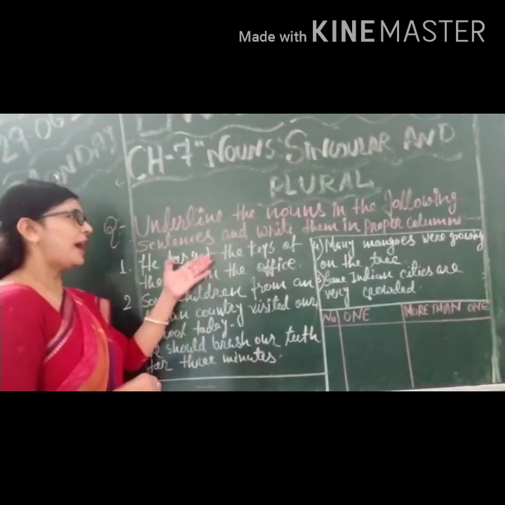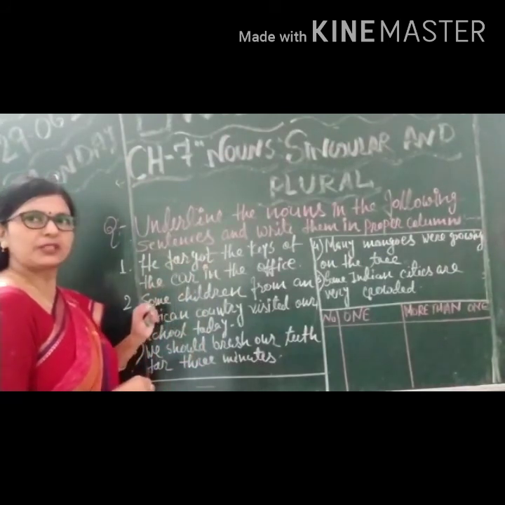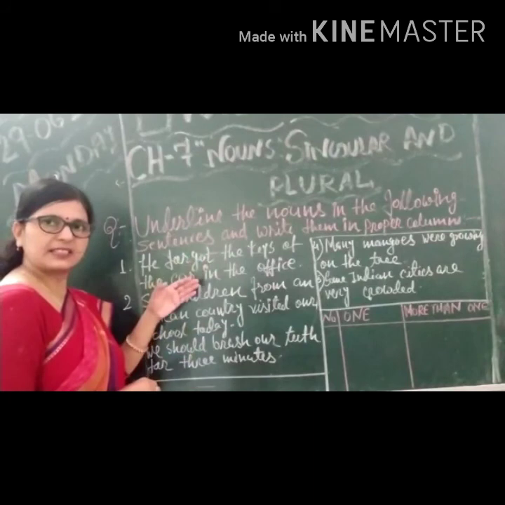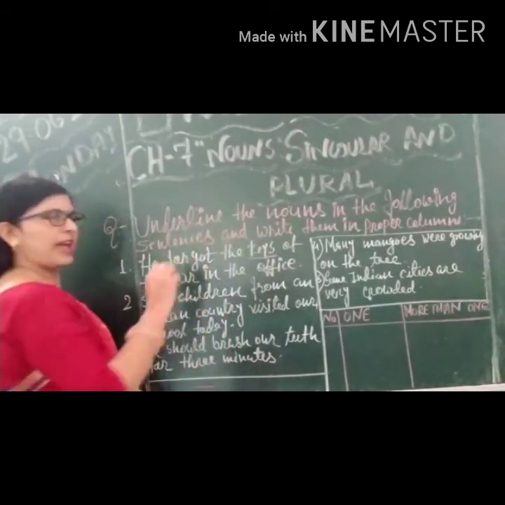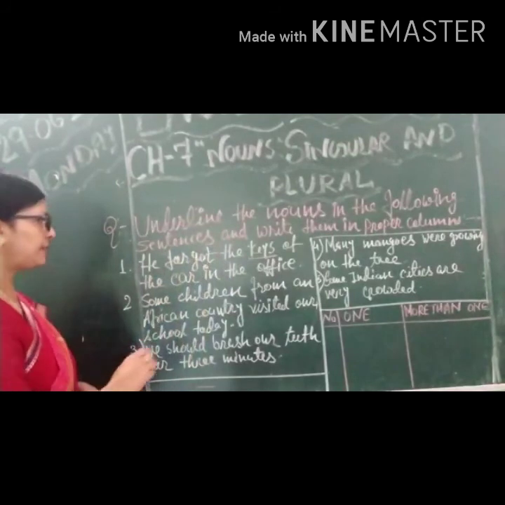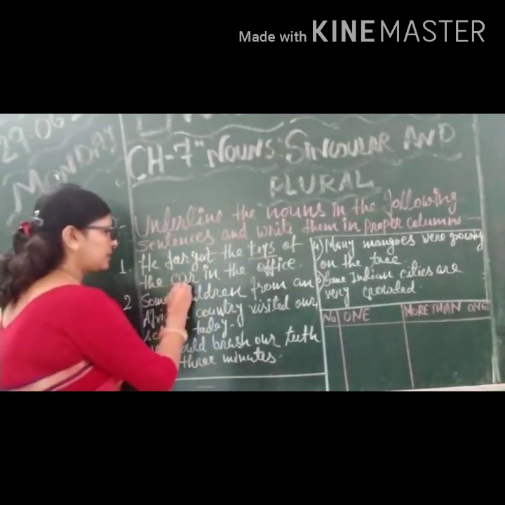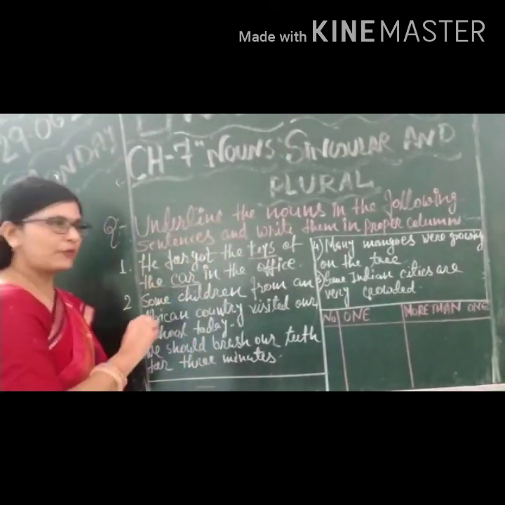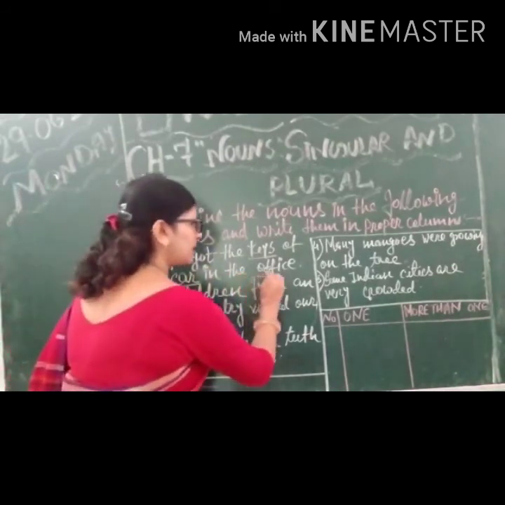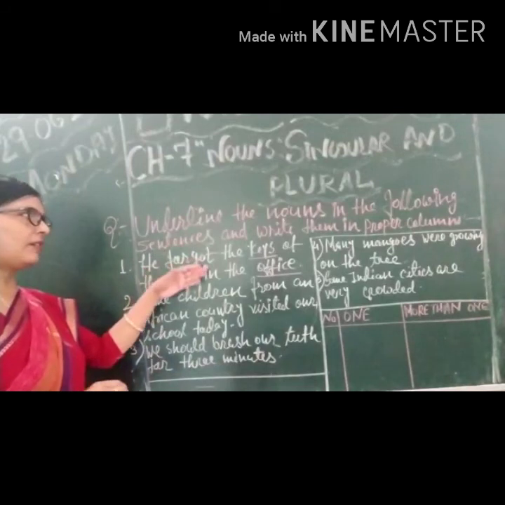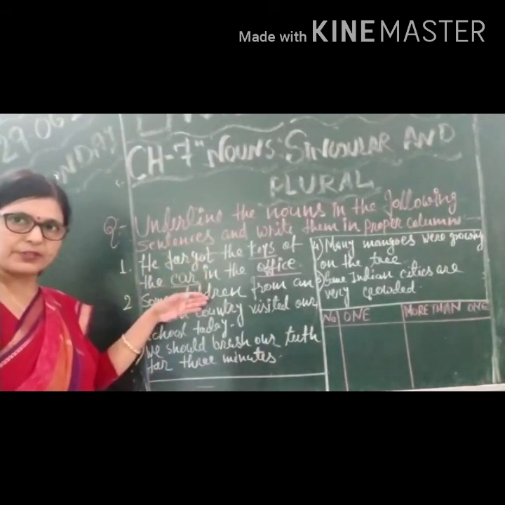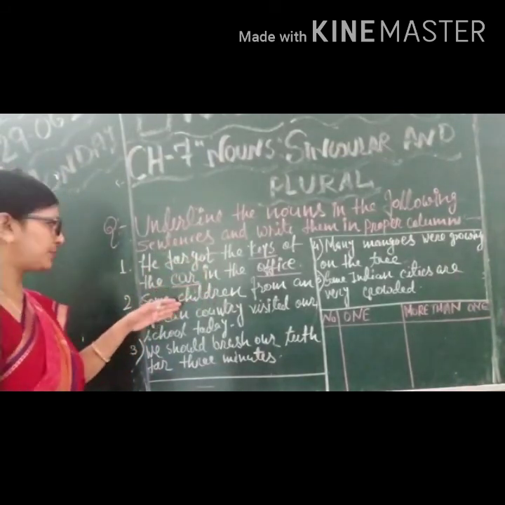So you just have to identify the nouns from these sentences. Here keys, you have to underline keys. Then car, this is also a noun, and office, this is the name of a place. So you must underline all these words, that all are nouns.